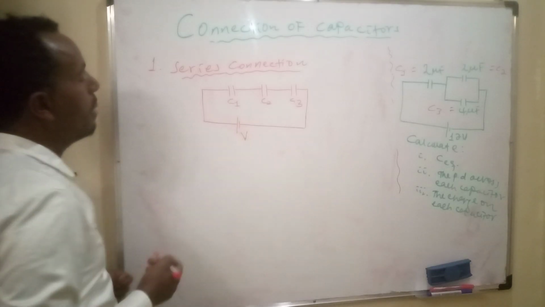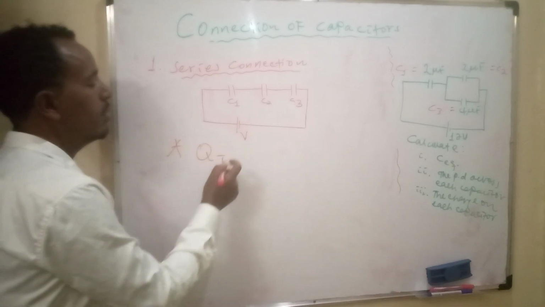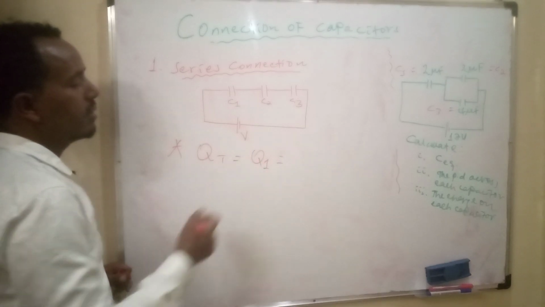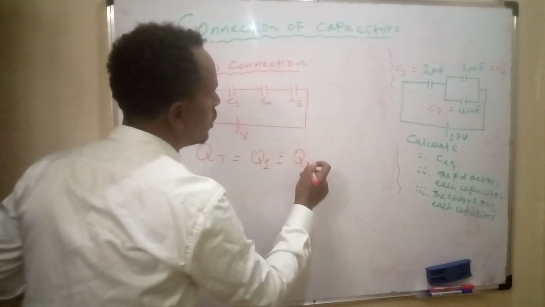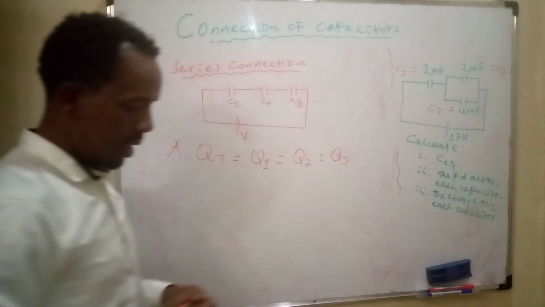So when capacitors are connected in series, total charge is equal to charge stored on capacitor 1, which is equal to charge stored on capacitor 2, which is equal to charge stored on capacitor 3.